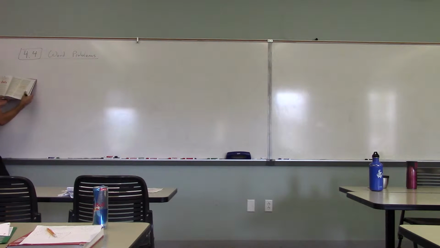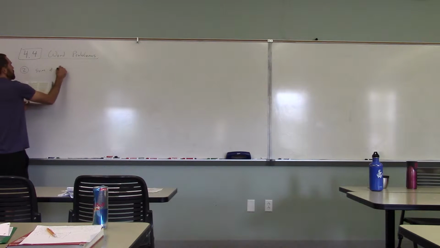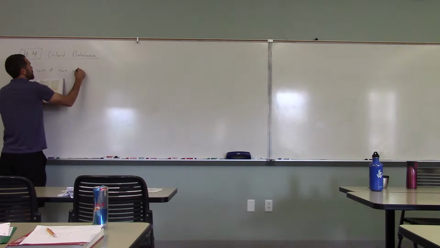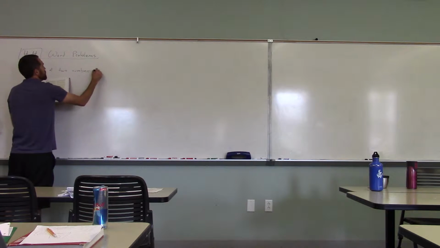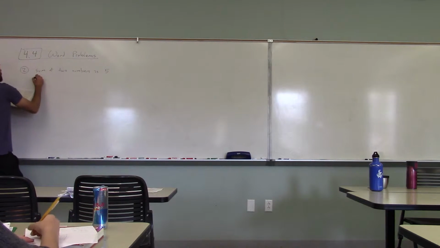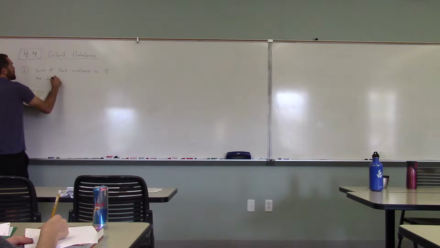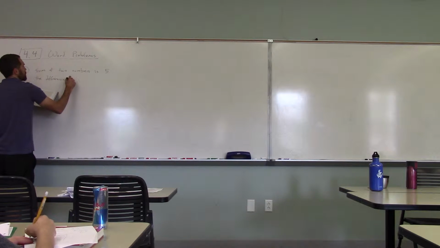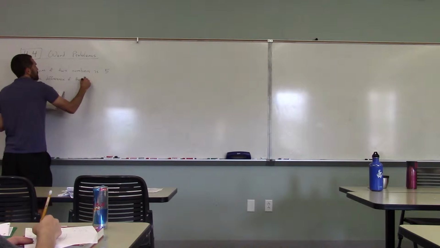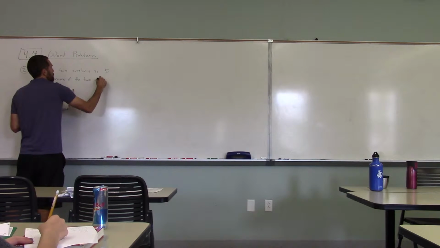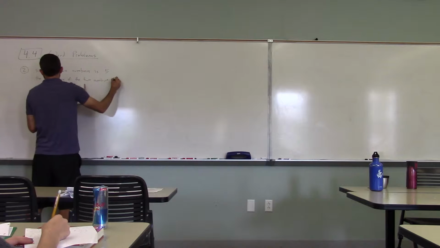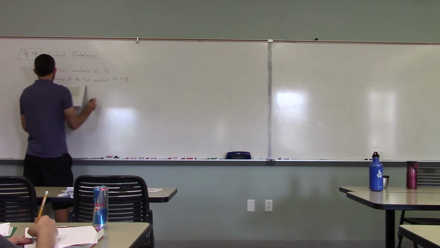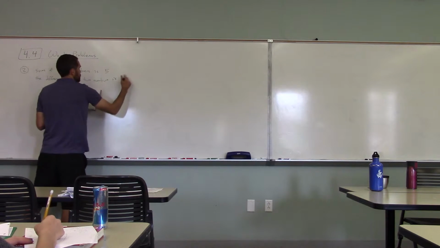Okay, I'll highlight a couple specific ones. Number 2 is the sum of two numbers is 5. When you subtract them, the difference of the two numbers is 13.